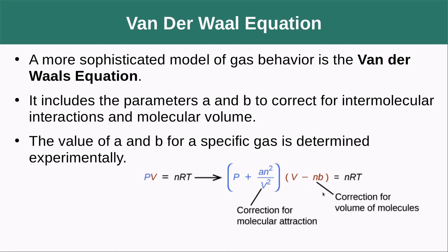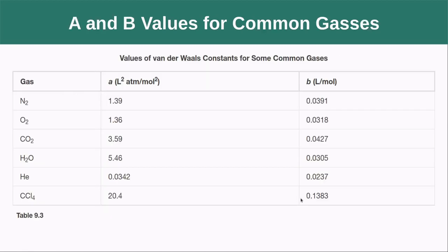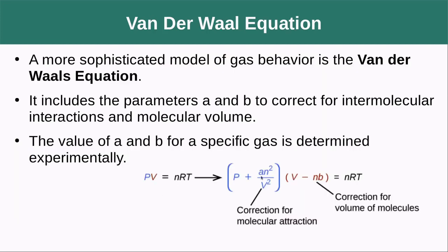Basically, they do a whole bunch of experiments, graph them all out, and use that to determine what a and b would be for that gas. There are tables where they plug in these a and b values so that you can use this to determine properties just like you would with the ideal gas law.